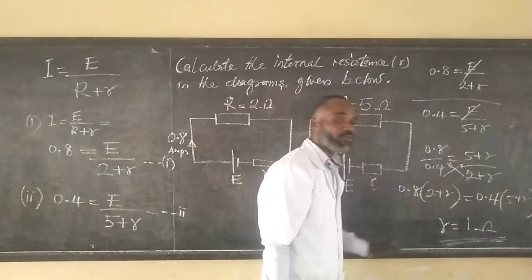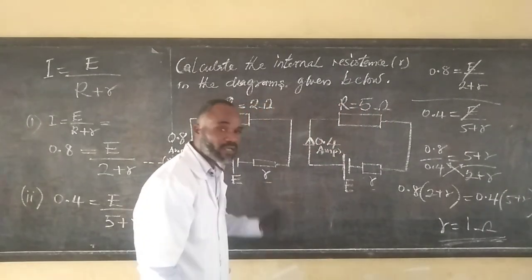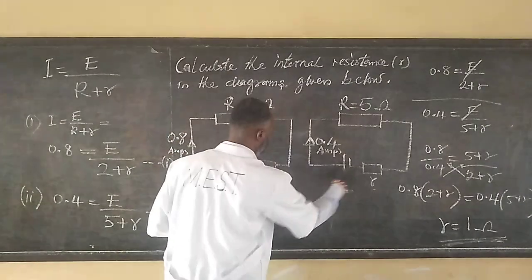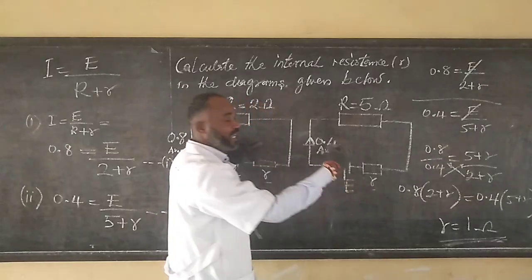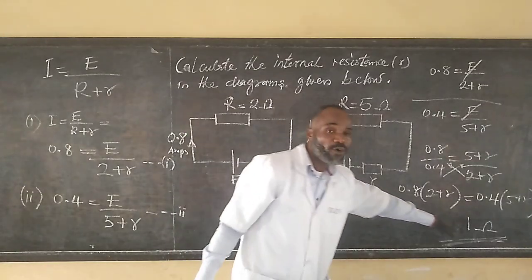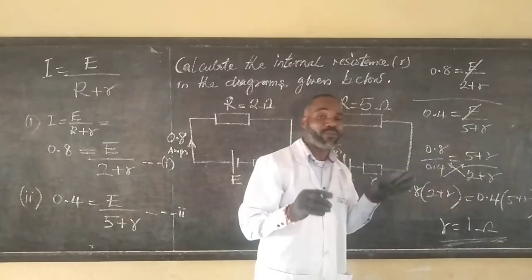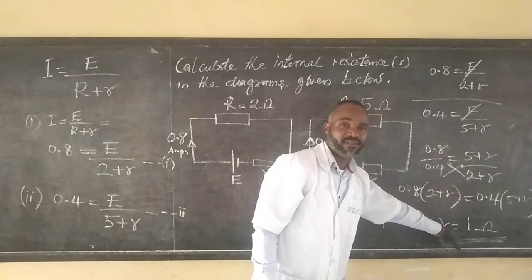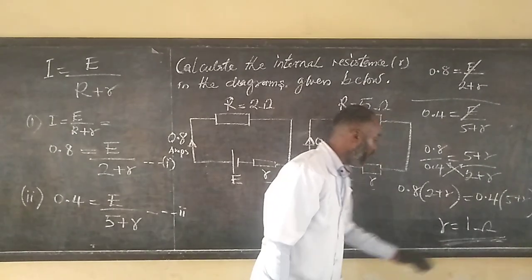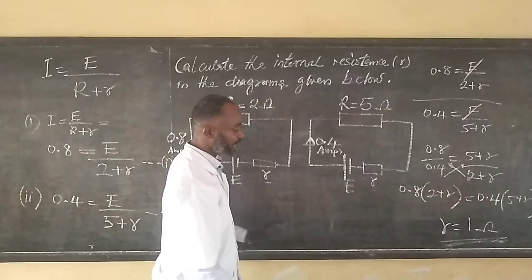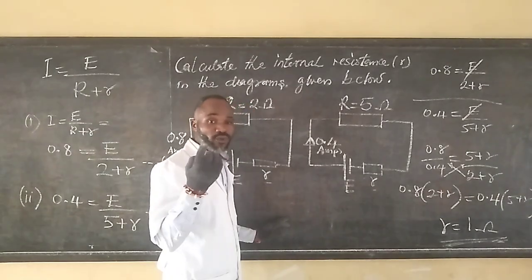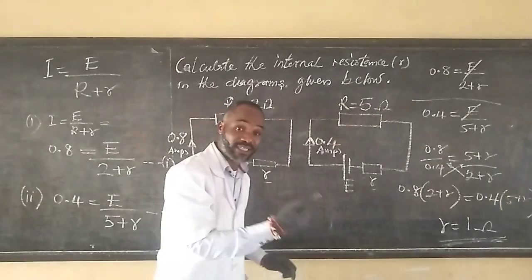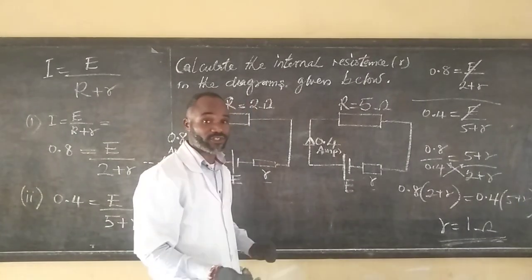What does this mean? It means the amount of opposition that this internal resistance offers in this circuit is just 1 ohm. This 1 ohm is capable of reducing the current from being full. Once we understand this, we also take note of the fact that the potential difference across the internal resistance is the lost voltage.